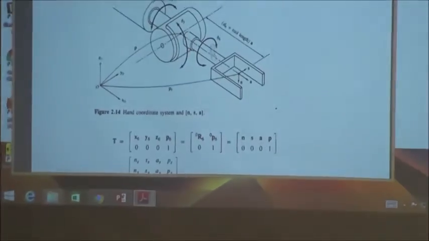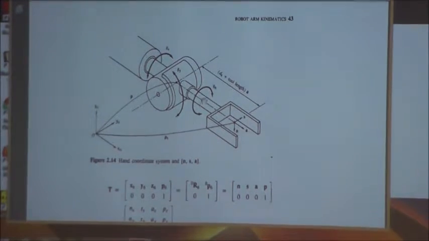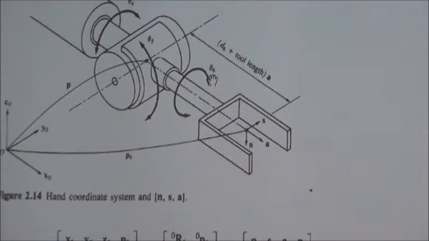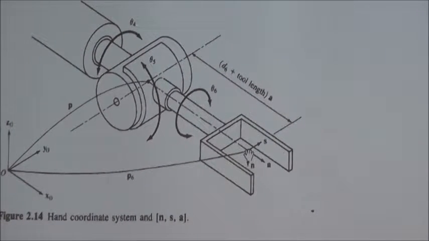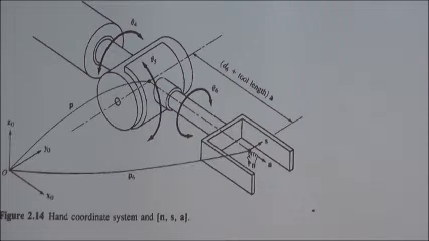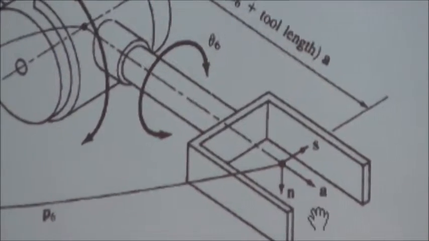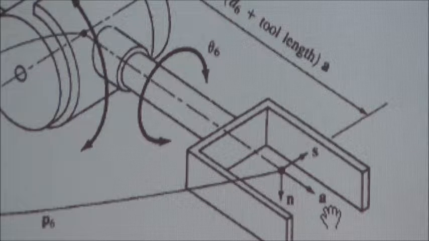The end effector, as we can see, consists of three rotational movements, theta 4, theta 5, and theta 6: pitch, yaw, and roll. And then, of course, in the virtual center of this end effector, you see the three unit vectors N, S, and A. A is the approach angle of the end effector, going straight up.